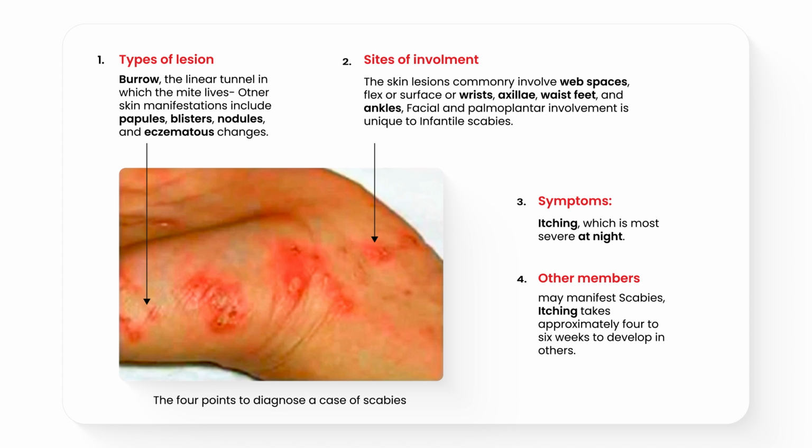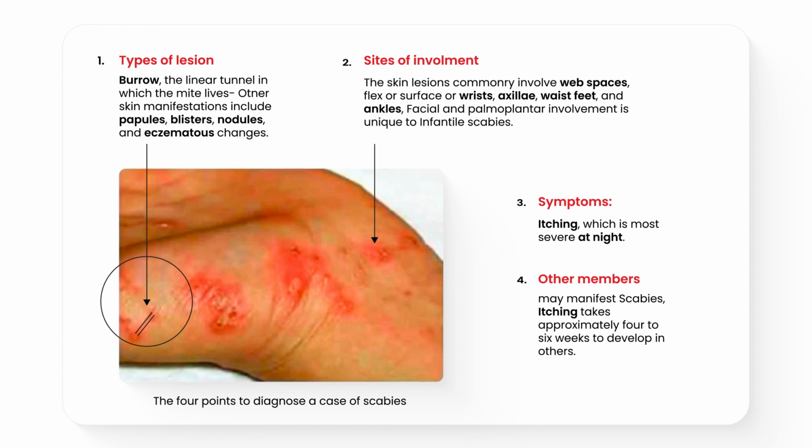So here's a picture of scabies, and right here I wanted to show you a burrow. You can't really see it that well, but if I were to exaggerate it, they're like these lines.